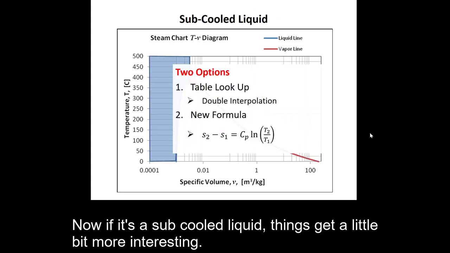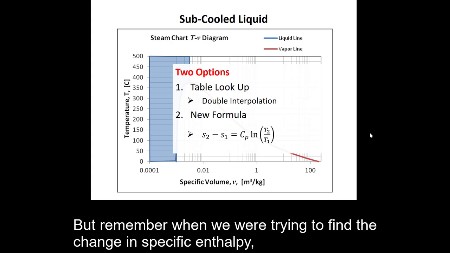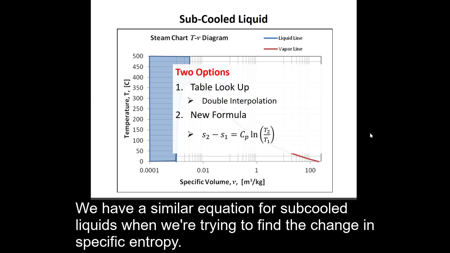Now, if it's a subcooled liquid, things get a little bit more interesting. Maybe I'll be able to look this up on the tables and do some double interpolation. But remember, when we were trying to find the change in specific enthalpy, we would say that delta h was Cp times delta T. We have a similar equation for subcooled liquids when we're trying to find the change in specific entropy.